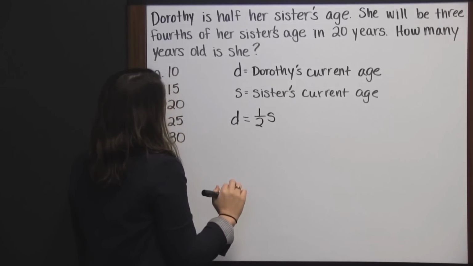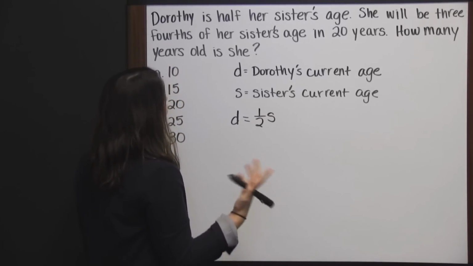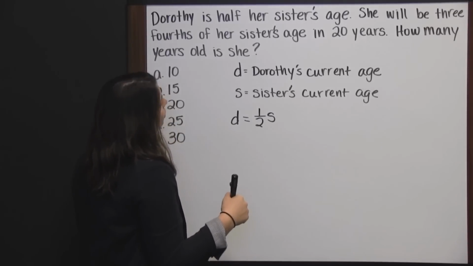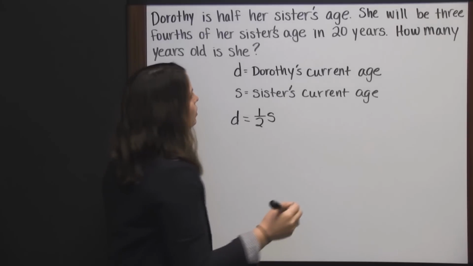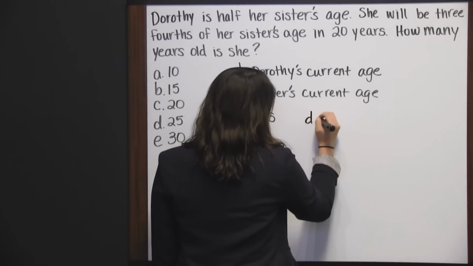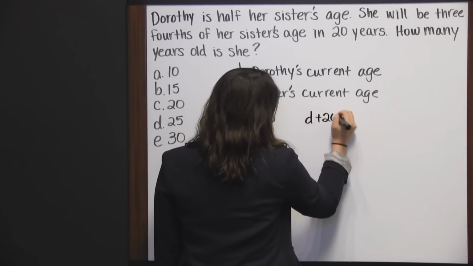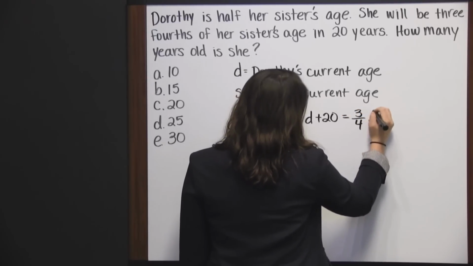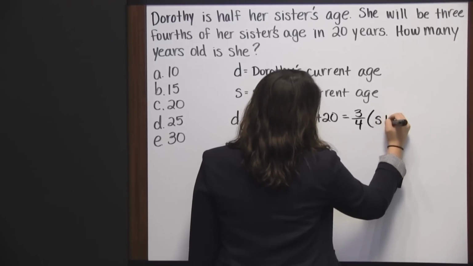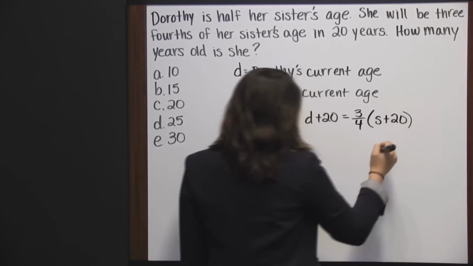The next sentence says she will be, so Dorothy will be 3/4 of her sister's age in 20 years. So Dorothy in 20 years will be 3/4 of her sister's age in 20 years.